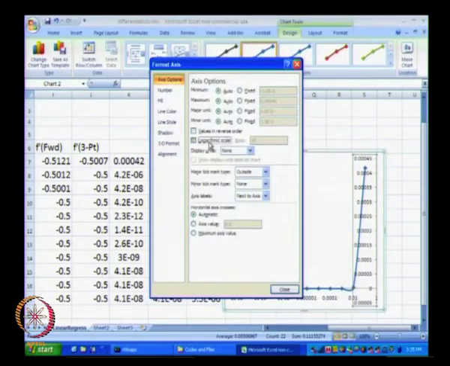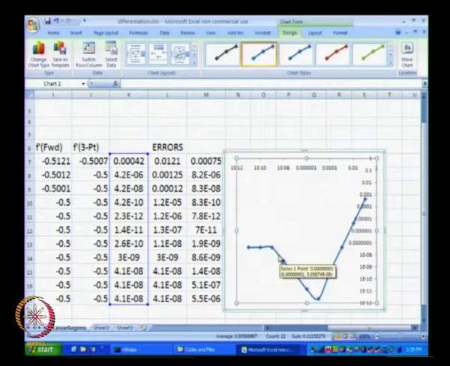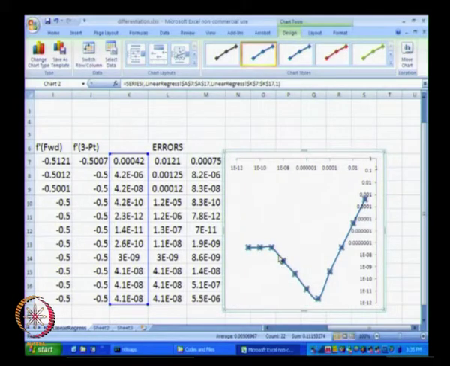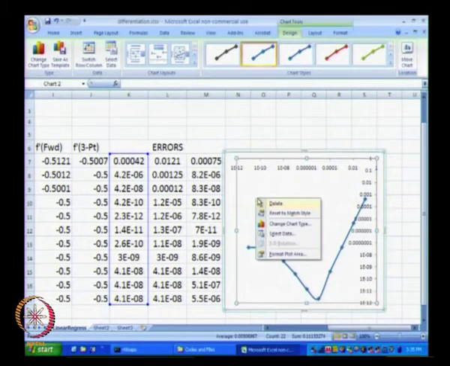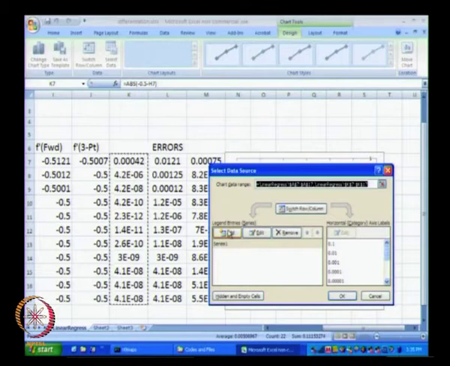Format axis, select the logarithmic scale. Okay. So this is the overall plot that we get for the central difference formula. Okay. Likewise, now we will do the plot for the forward difference formula, and we will add another series.